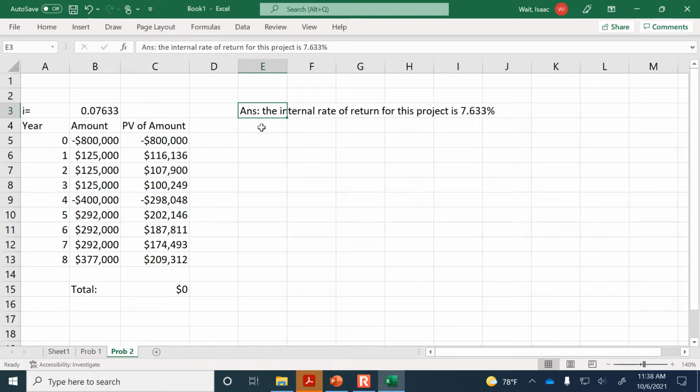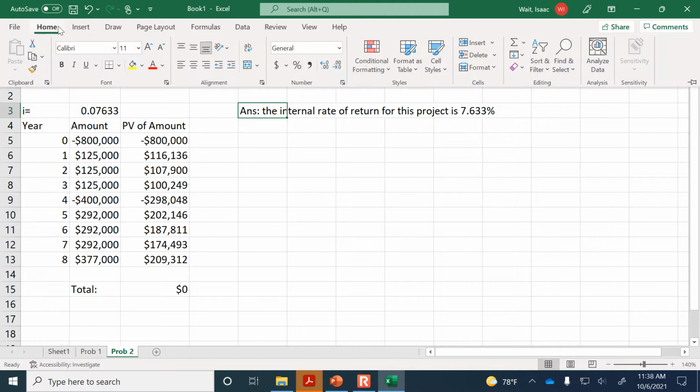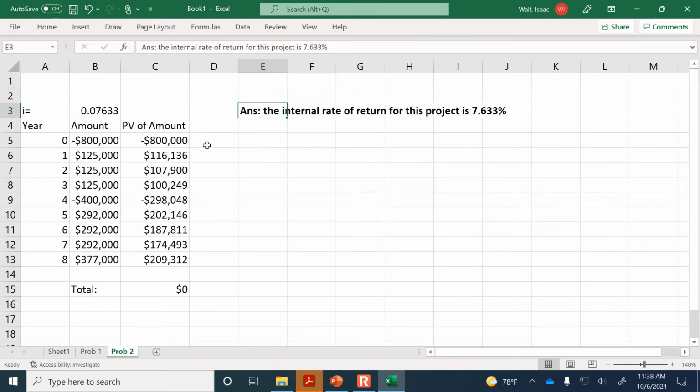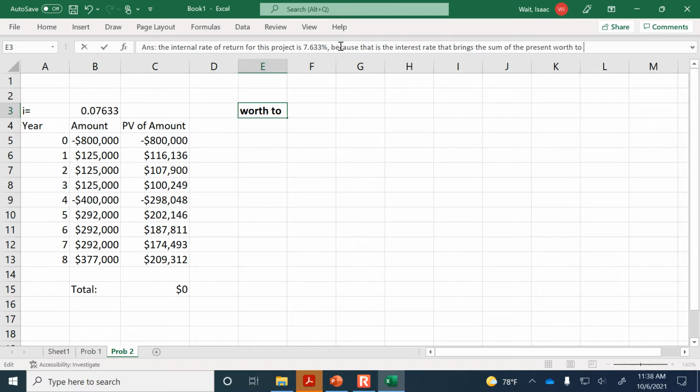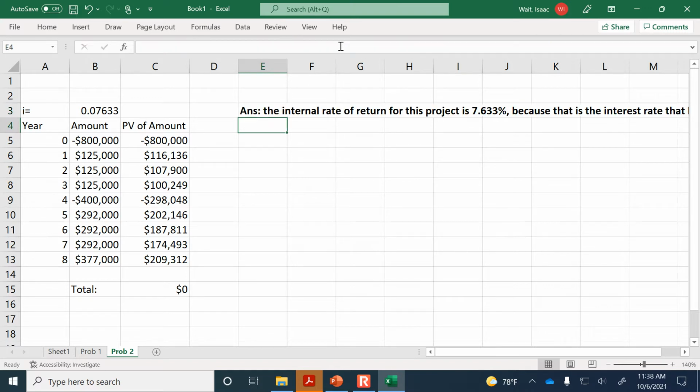And so here our conclusion, or identifying the answer, is where we demonstrate that we've solved the question. We didn't do this for some random reason. We did this because that is the interest rate that brings the sum of the present worth to 0. That's even better.